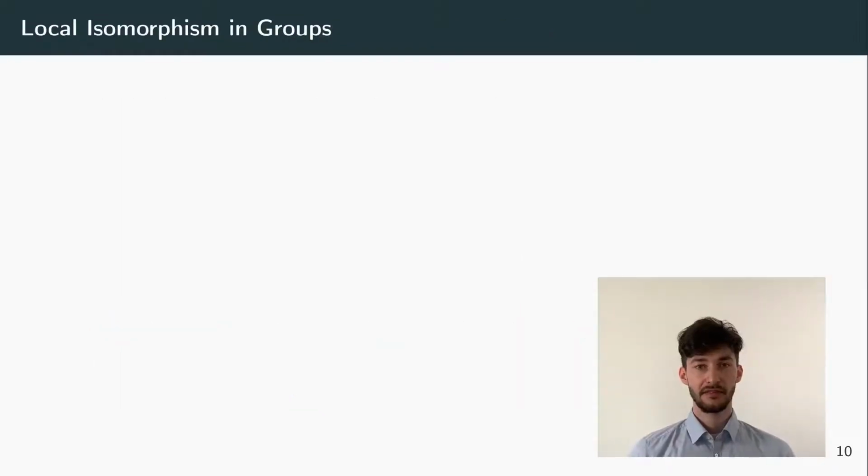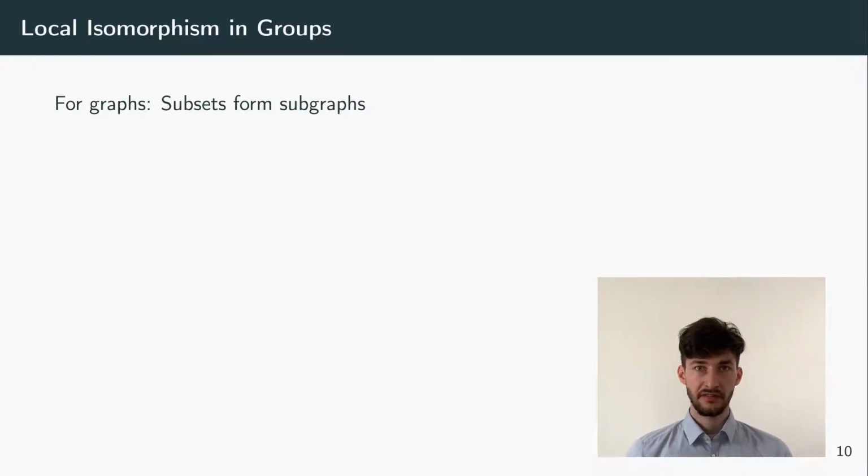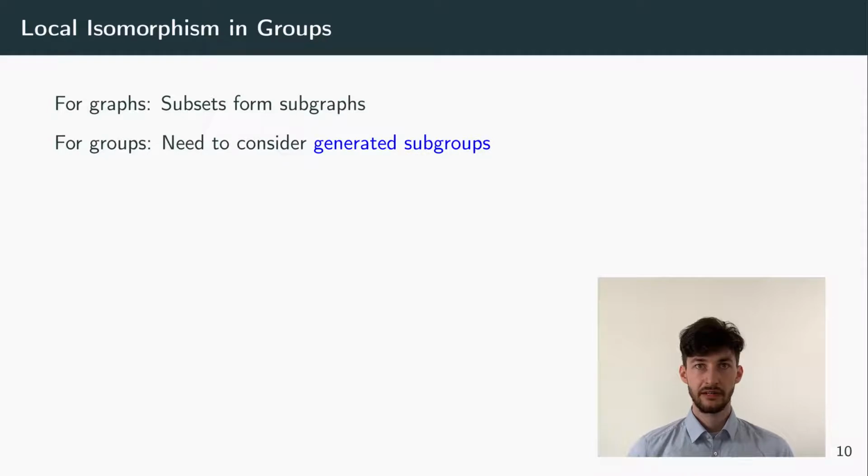Remember that for graphs, the notion of local isomorphism was playing a central role, and this makes sense, of course, since for graphs, subsets of vertices simply induce subgraphs. But for groups, we usually have to take into account the generated subgroups, and this may make things a bit more complicated.